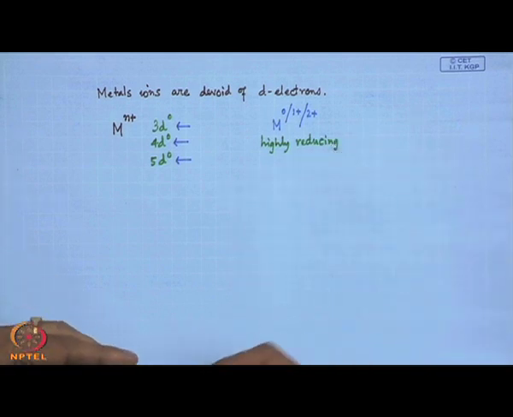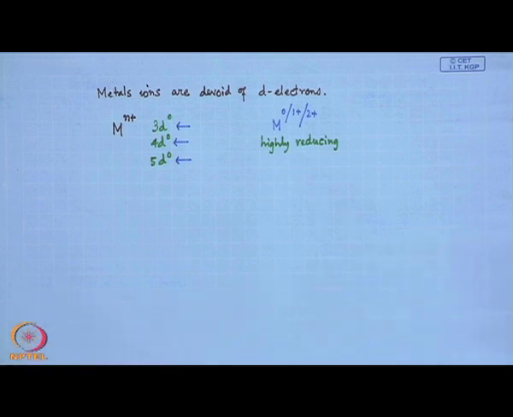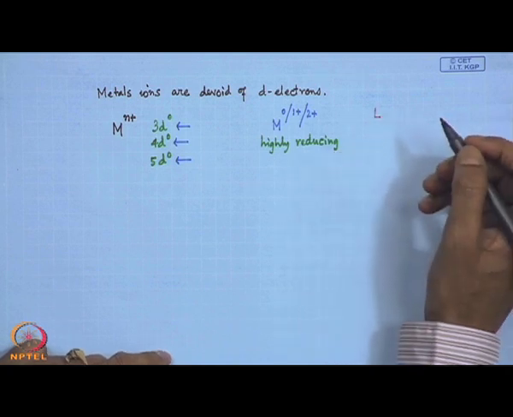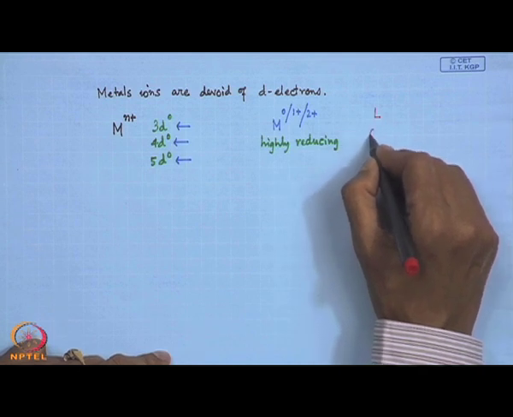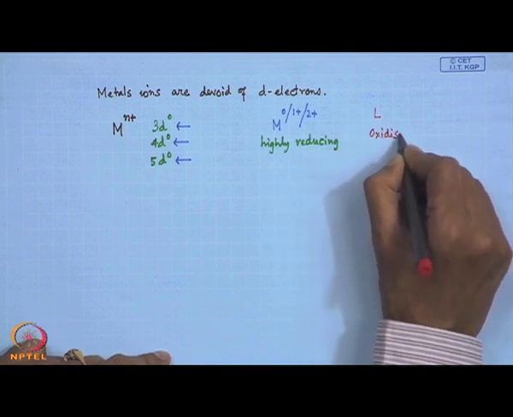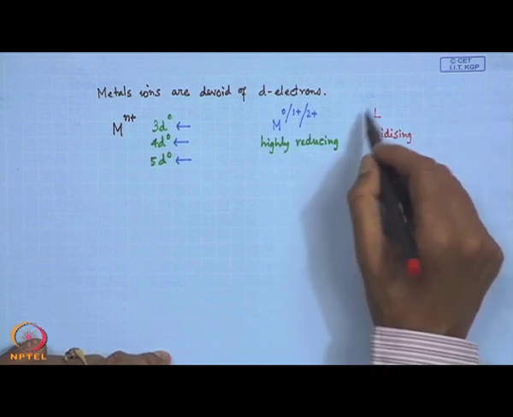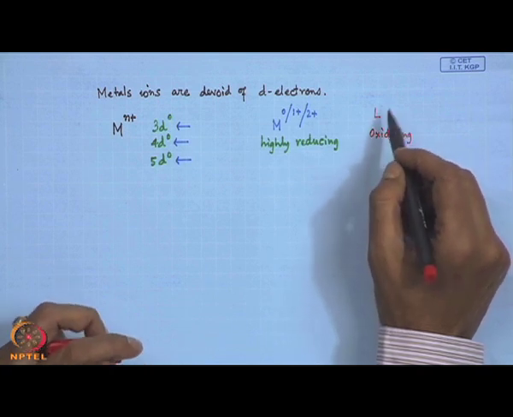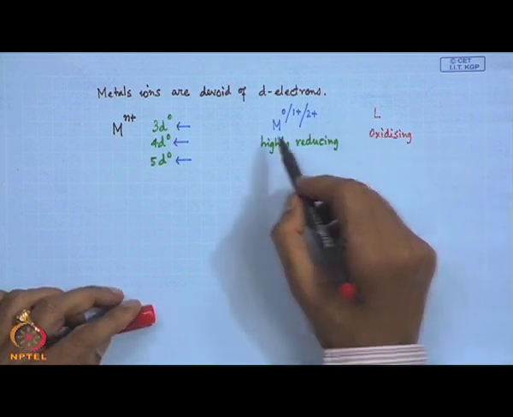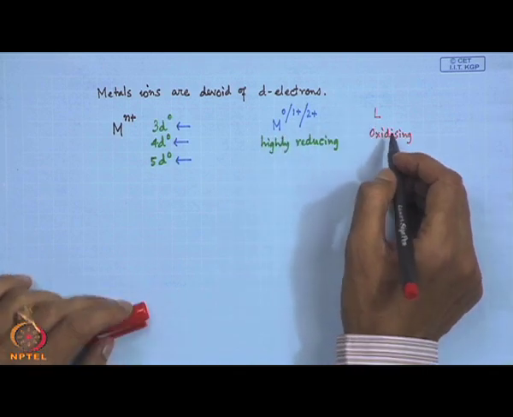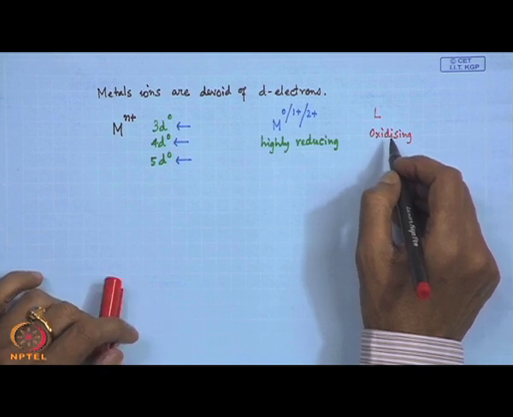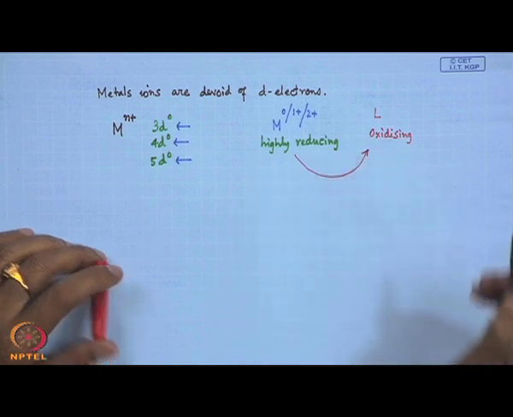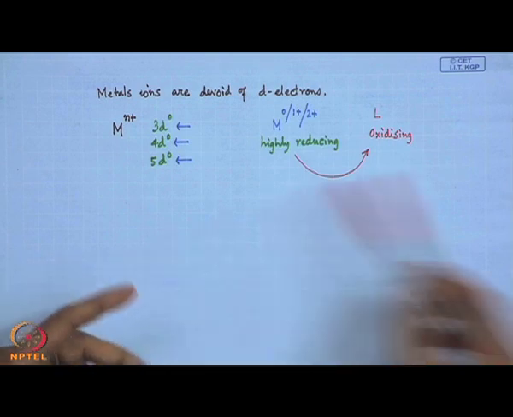That means they are of different character compared to the previous case, and the ligand attached to them can be of oxidizing nature, that means it has some vacant orbital which can accept electron density from the metal center, and as a result the charge transfer can take place in the opposite direction.